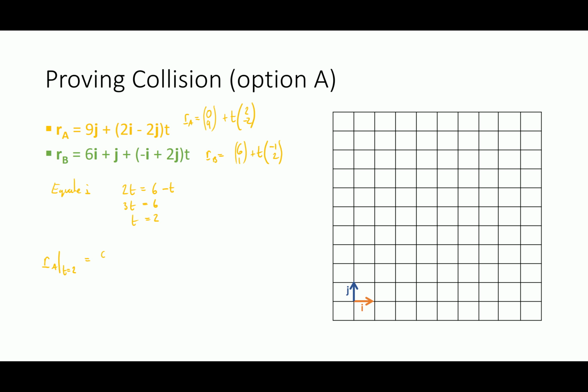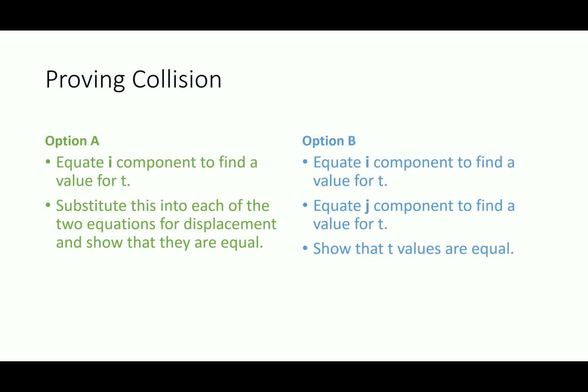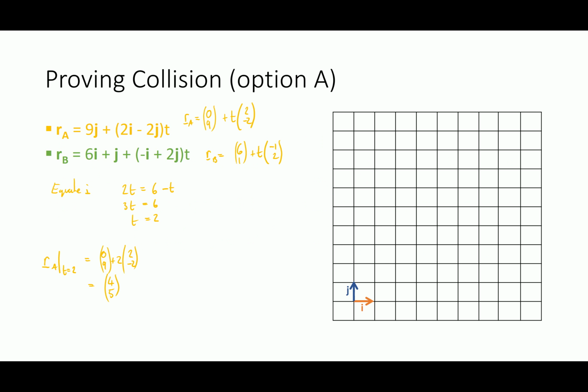So that's going to be 0, 9 plus 2 lots of 2, negative 2. And what would that give me? That would give me 4, 5, or in vector format, 4i plus 5j. Now I need to do the same for the B component and evaluate that at the time t is 2.